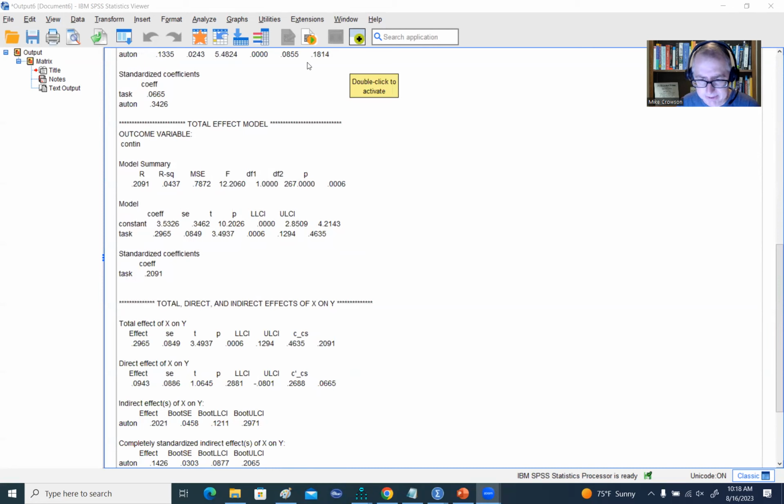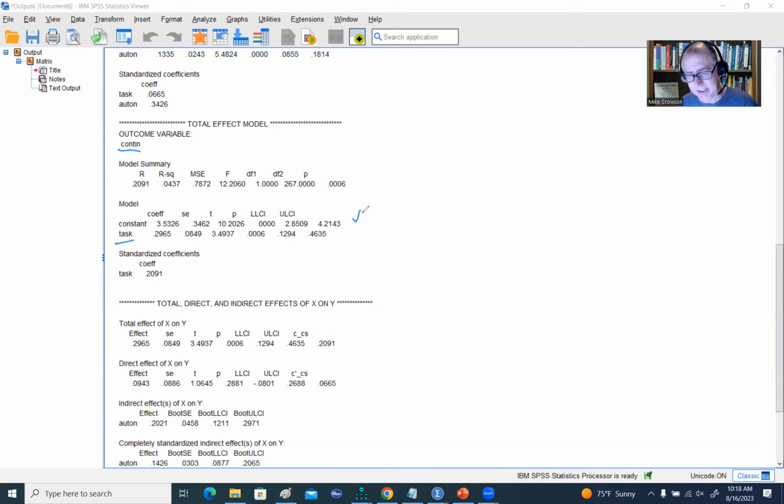You'll notice that we have a total effect model. In a nutshell, this is just a regression of the consequent variable, intention to continue, onto our antecedent variable, which is task orientation. So you'll see this is given as a regression coefficient. But if you recall earlier, I mentioned that the total effect of an antecedent on a consequent is equal to the sum of the direct effect and any indirect effects involving that particular variable.